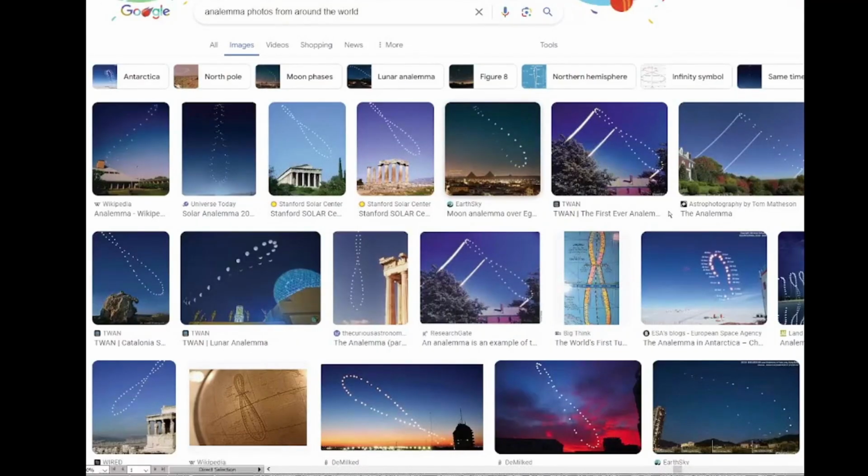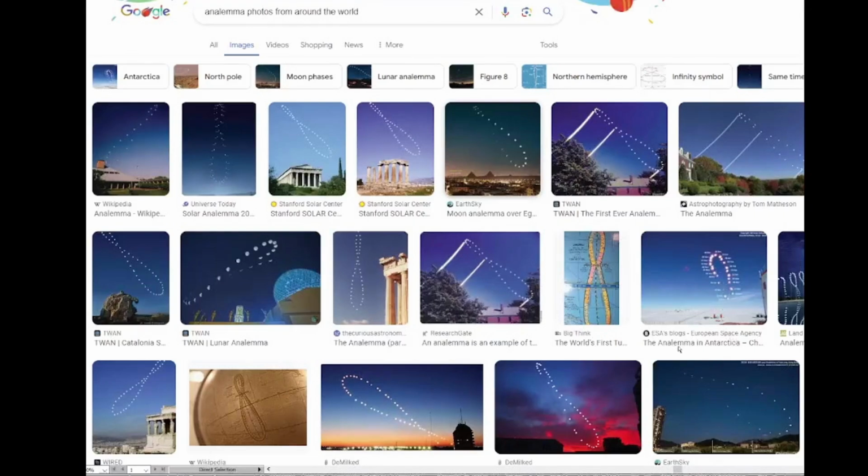So here we just have an image from Google. I just typed in Analemma photos from around the world. So you'll see this figure 8 Analemma at different angles. This image right here looks pretty straight up and down. This one is really skewed to the side. So is this one.